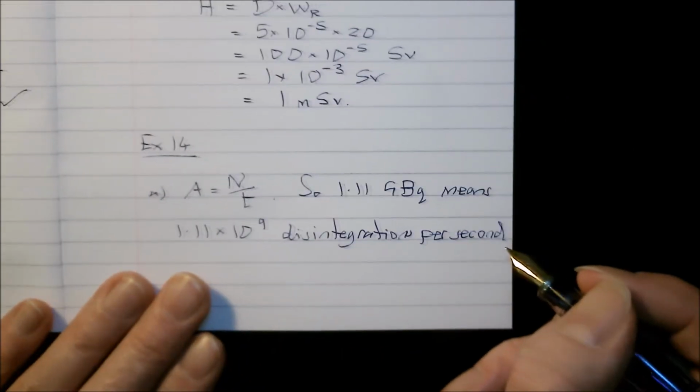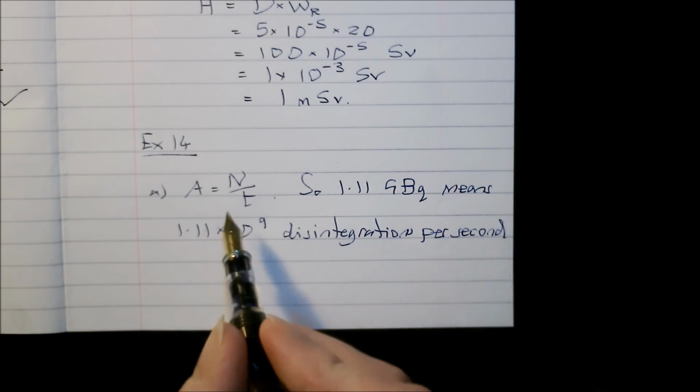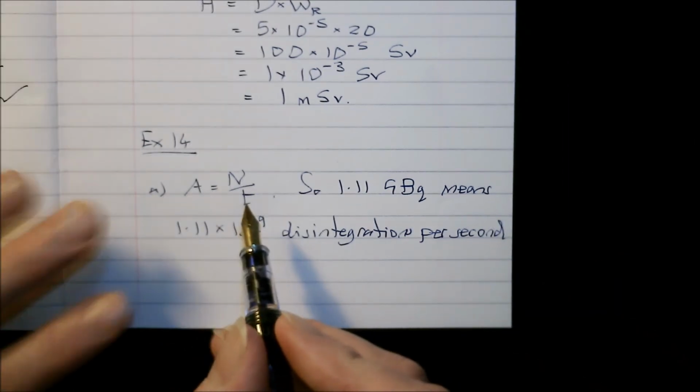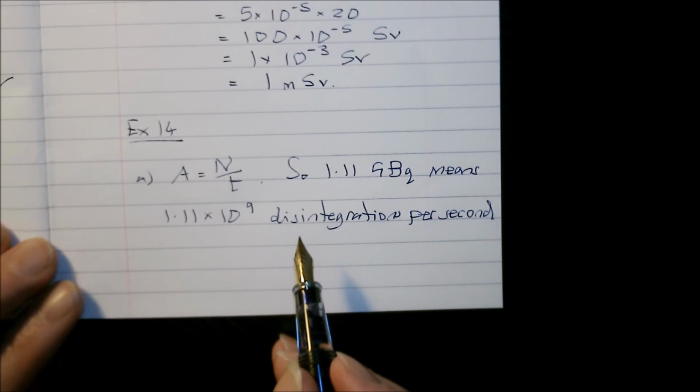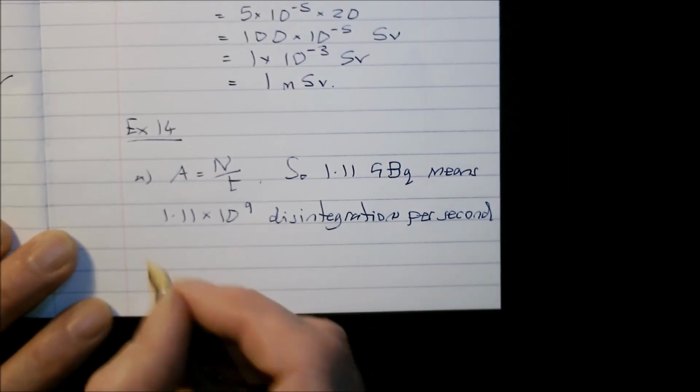Wherever you're asked to explain what a quantity like that means, you can go back to the formula and use that as your definition and provide your explanation from that. So it's just over 1 billion disintegrations per second. Next part.